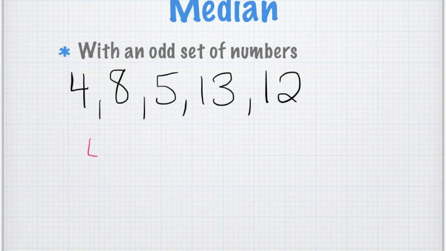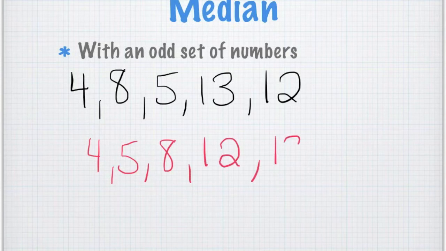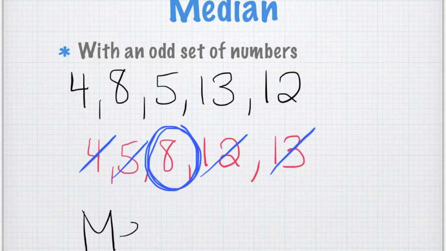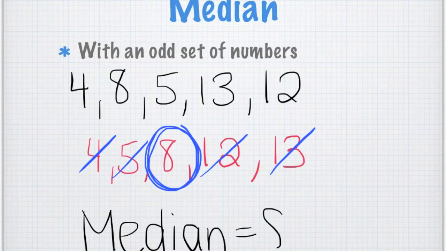So I'm going to start with 4, and then 5, 8, 12, and 13. And then I start from the left and cross off 1 on the left and 1 on the right, and then another on the left and another on the right, until I'm left with only one number. And that one number is your median. So in this case, your median is 8.